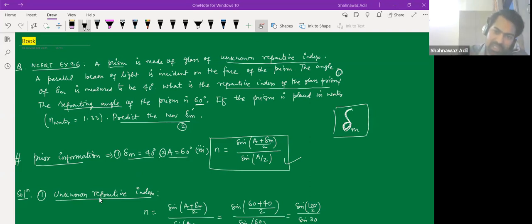So this was the direct problem, right? We just put the value of delta m and a, and then we got this unknown refractive index.